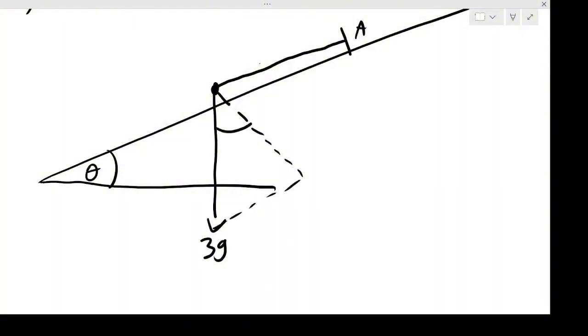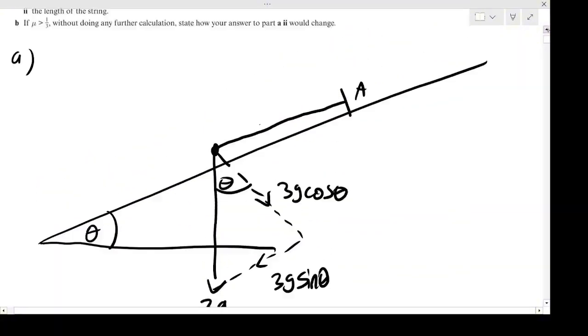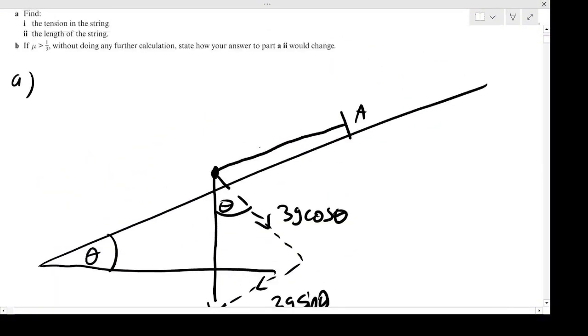This is also theta, so this is going to be 3g cos theta, and that's going to be 3g sin theta. That's the weight. There will also be a reaction force, because it's on a surface.